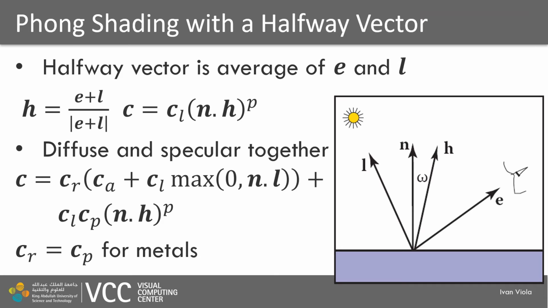Phong illumination can also be computed in an alternative way, not only based on the viewing vector and the reflected vector, which is the reflected vector around the normal based on the light vector's position. We can compute the Phong illumination, the highlight contribution, based on the so-called halfway vector.